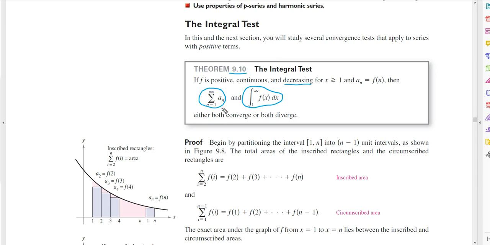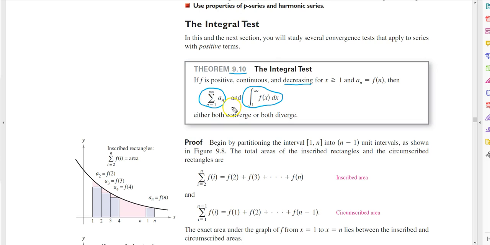There are many series that don't fall into either of those categories, and so we may not be able to evaluate what they're equal to, but we can at least determine if they converge or not, and if they do, then we could perhaps approximate what they're equal to. So this test only determines if the series converges or not, but it doesn't find what it's equal to.